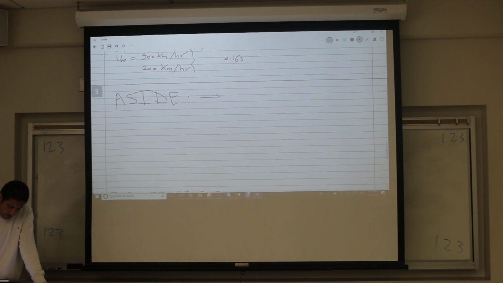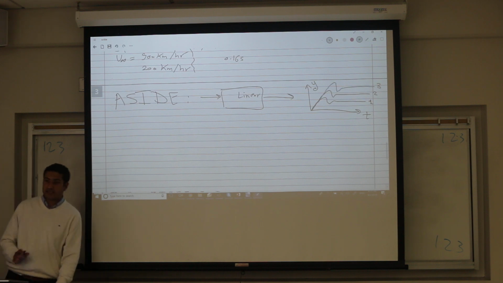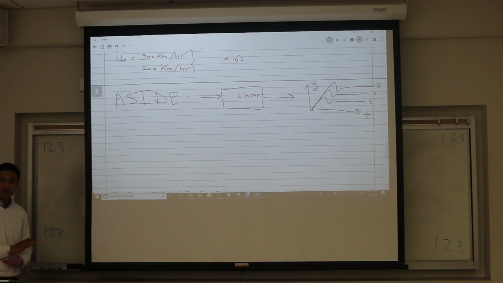If you have a linear system, this is y, this is t, this is the step response due to one input, value 1, step. The step response due to value 2 input. The step response due to value 3 input. It doesn't matter, it will take the exact same time, the exact same overshoot, okay?